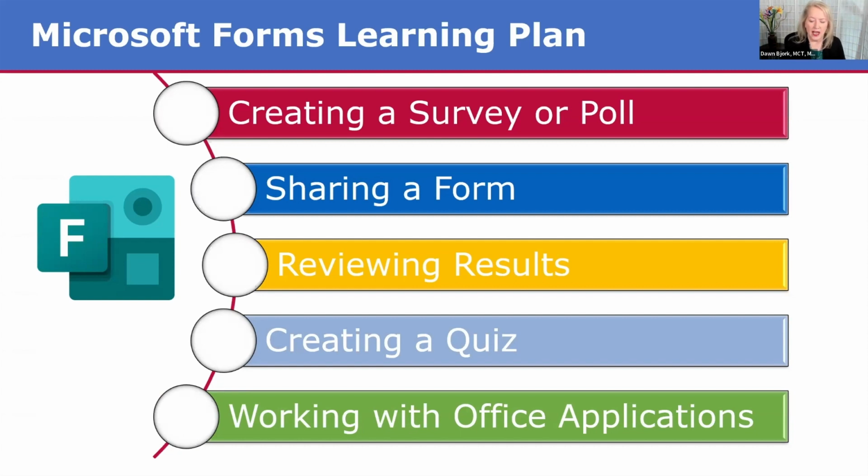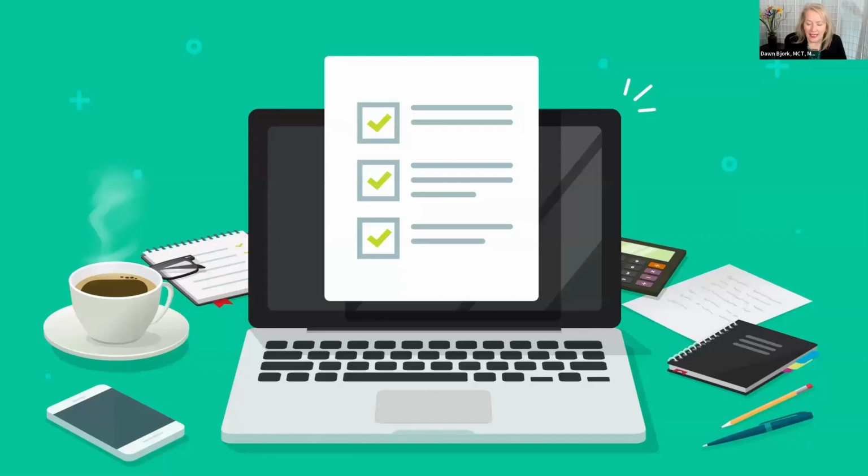To get started, or to help us get a better sense of this before we go for our live demo in Microsoft Forms, it's helpful to know that there are two basic choices, a form and a quiz. So hang in there because it can be a little bit confusing. A form could be a survey or a poll that you use to survey your customers, your employees, your prospects. These forms can give you different ways to ask various questions and gather the results.